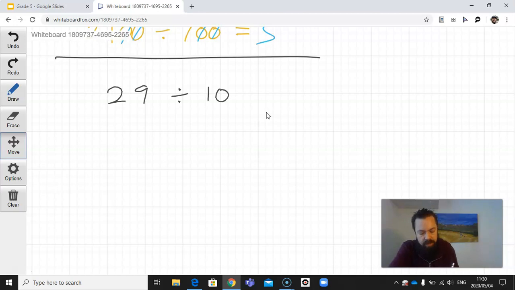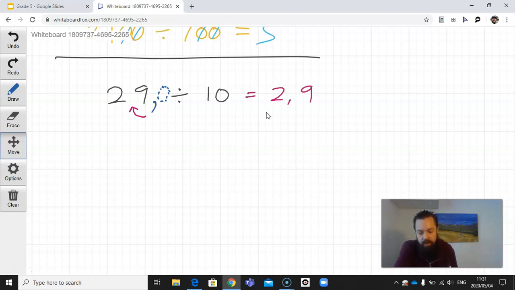So imagine the decimal comma would be there. We don't normally put it if we've got nothing after it. So it's like a ghost 0. When we divide by 10, we shift that comma one space to the left. So your answer then would be 2,9.